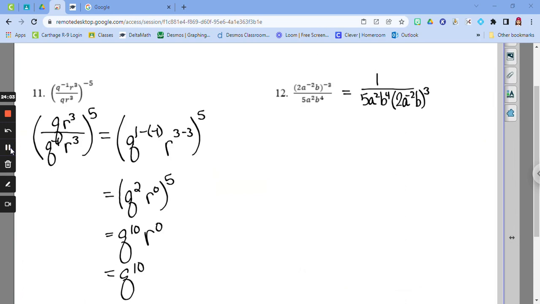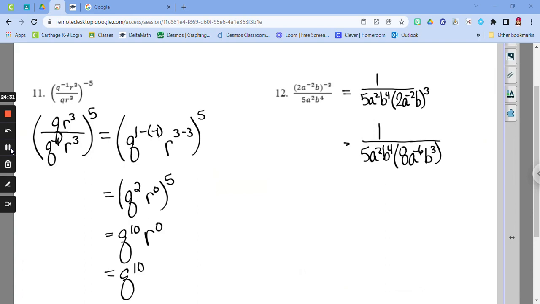All right, let's take a look. I don't do anything with the 5a squared b to the 4th yet. 2 to the 3rd is 8. 3 groups of negative 2 make negative 6. 3 groups of b make b to the 3rd. Now I'm in a multiplication situation, so I add my exponents.